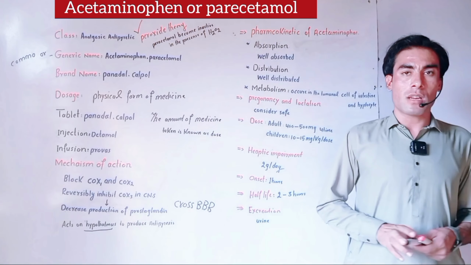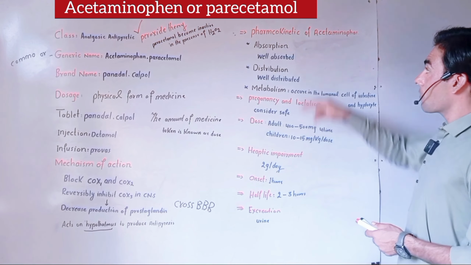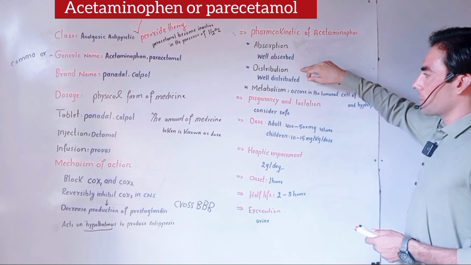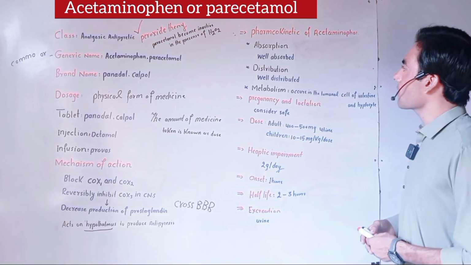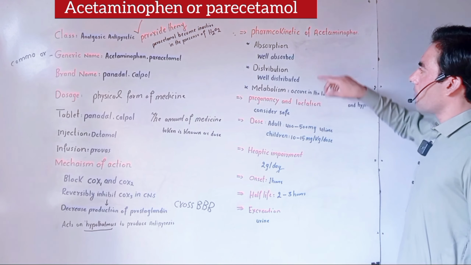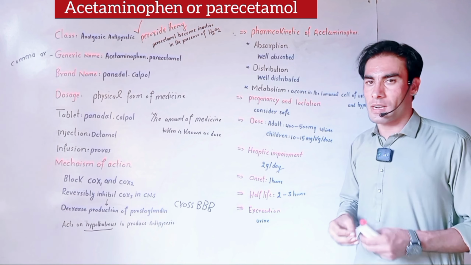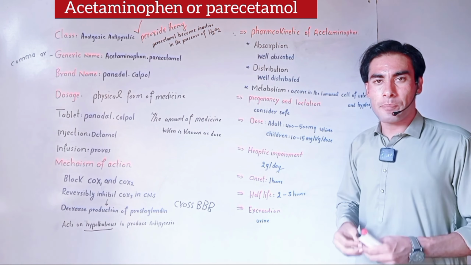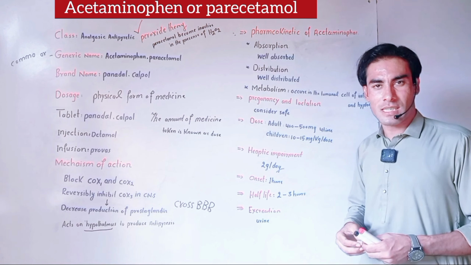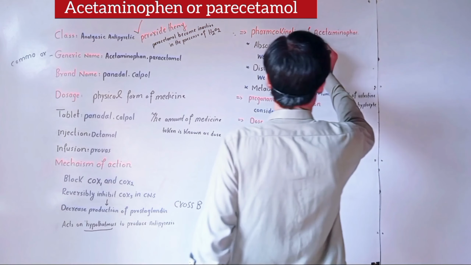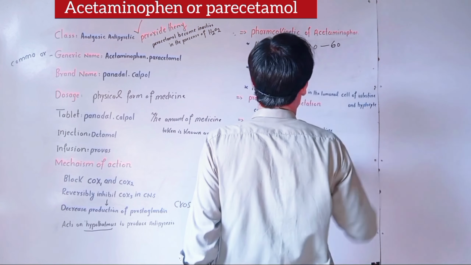So now come to the pharmacokinetics of acetaminophen. Pharmacokinetics means absorption, distribution, metabolism, and excretion of a drug. So first, absorption. Acetaminophen is absorbed from the gut, and absorption is related to the rate of gastric emptying. Peak blood concentration is usually reached within 30 to 60 minutes.